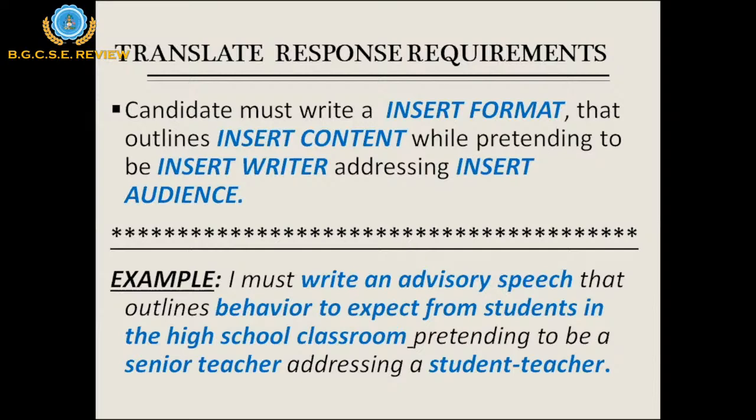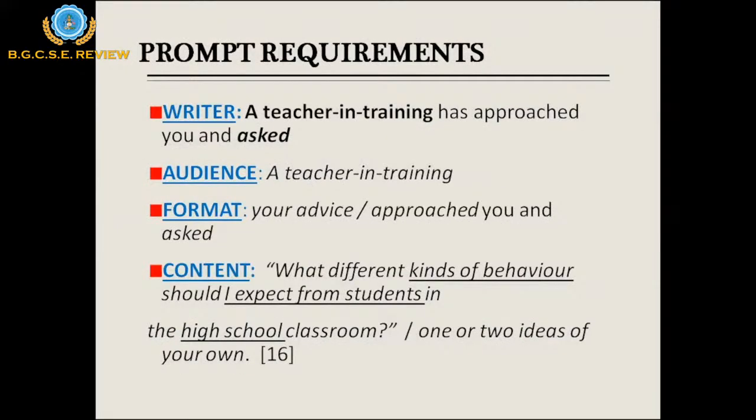Just one note, if you go back to the previous screen, sometimes it helps if students label the question with the things they have to do, 1, 2, or A, B, C, just as a guide to help keep them focused when they are writing. So like how you have here, what are the different kinds of behavior?